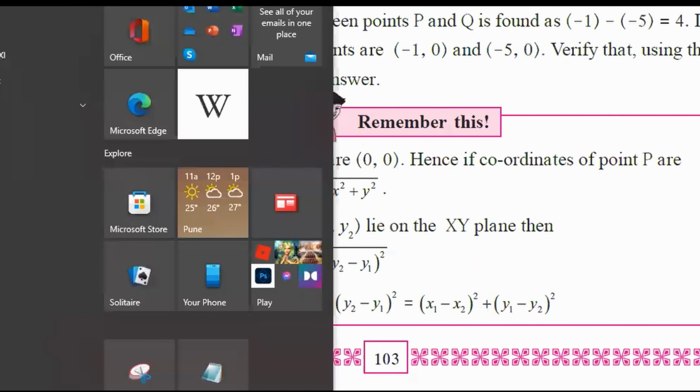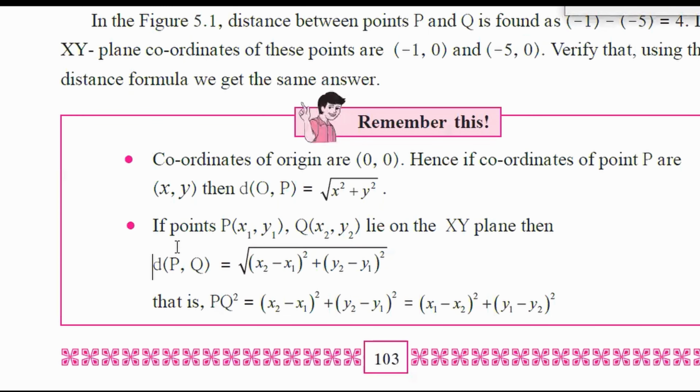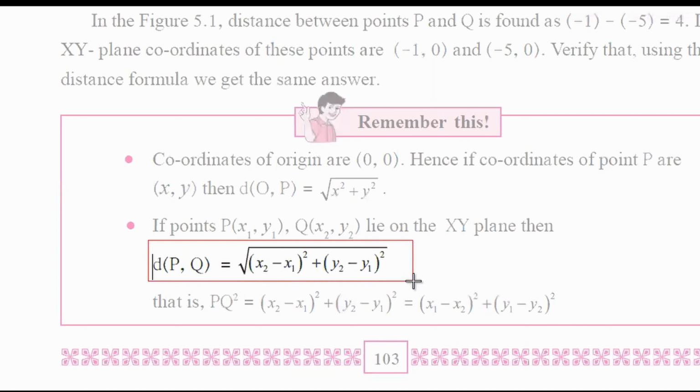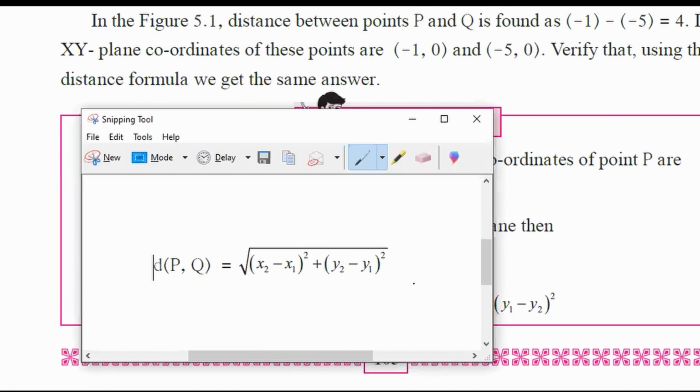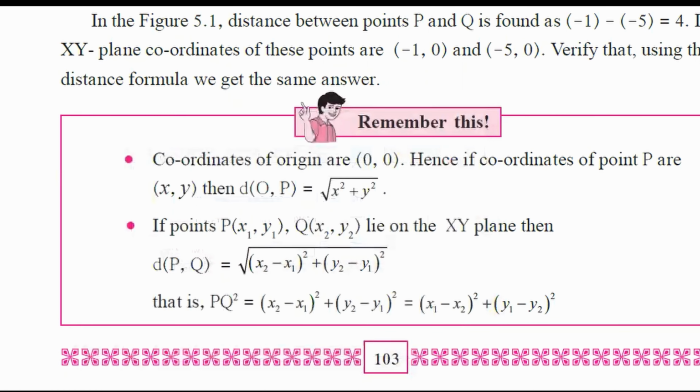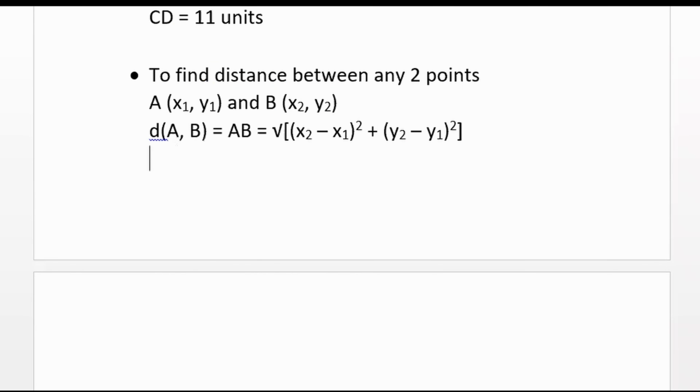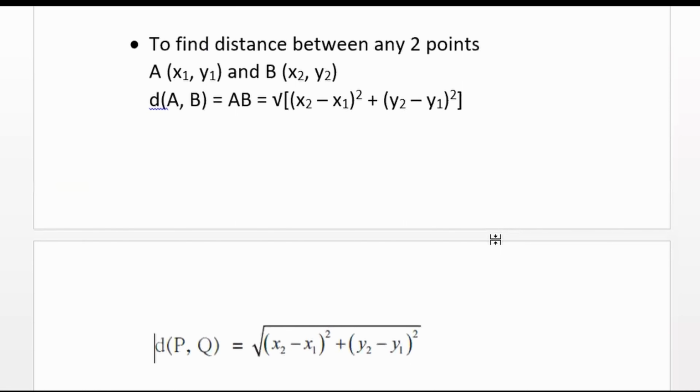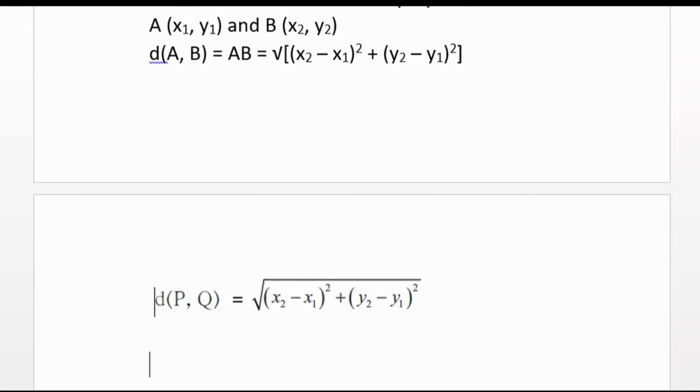Okay, so if we copy this formula, this is the distance between 2 points P and Q. So the square root of (x2 minus x1) square plus (y2 minus y1) square gives us the distance between any 2 points. So let us consider an example.